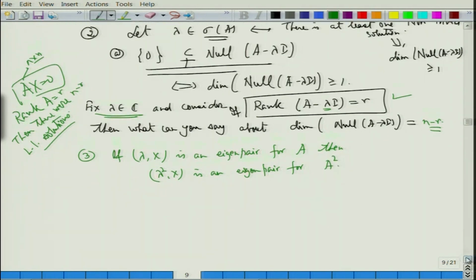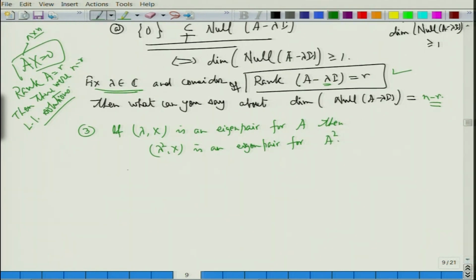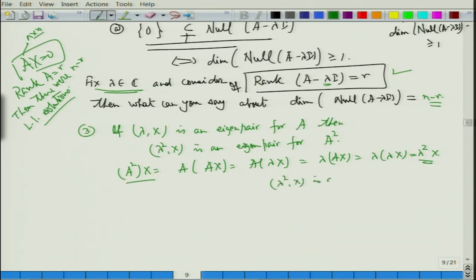Let us prove this. A square of x is A of Ax, which is the same as A of lambda x, which is lambda times A of x, which is lambda times lambda x, which is lambda square x. So, you can see here that lambda square comma x is an eigenpair.